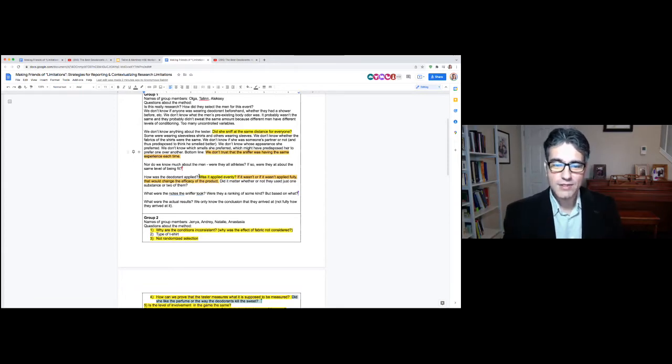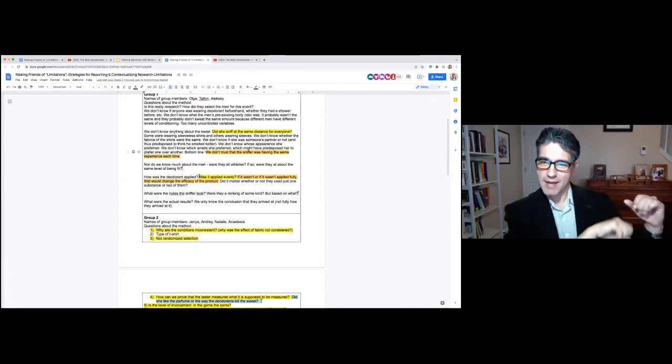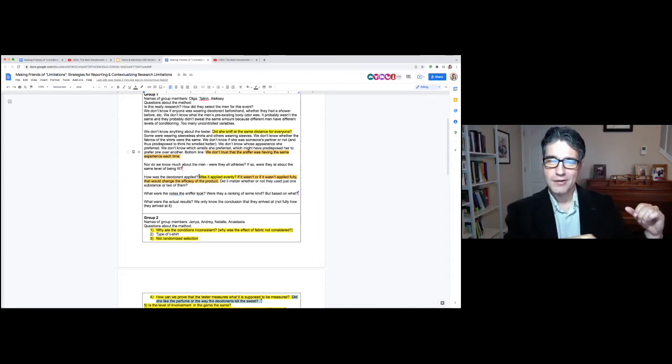Another question that group 1 had was, and I've never seen this one come up before, but it's very interesting. Was it applied evenly? That makes sense too. Even a variable such as the pressure of applying, did they just dab it on, or did they really make sure that there was an equal application, and how would they even do that?